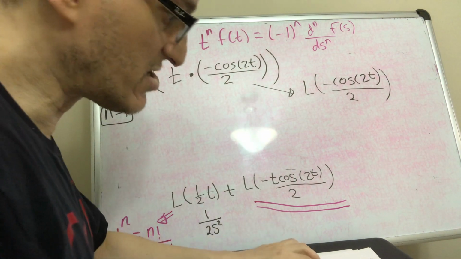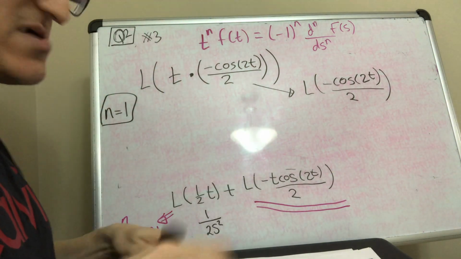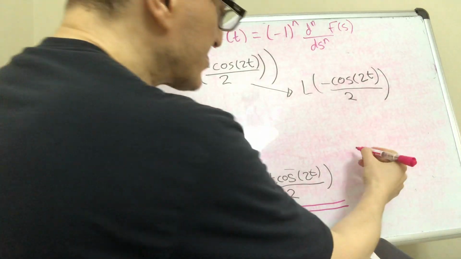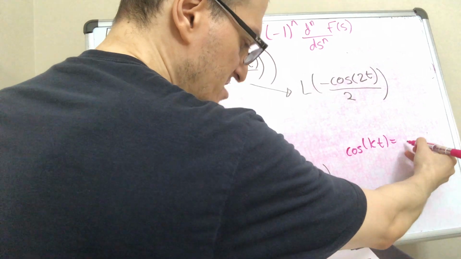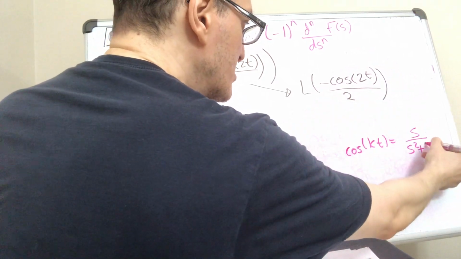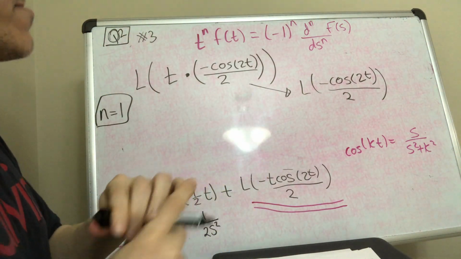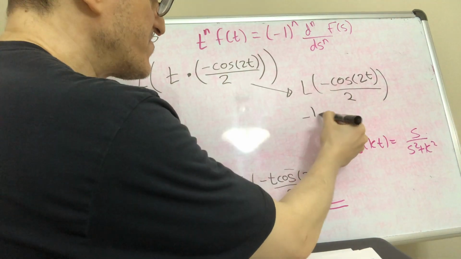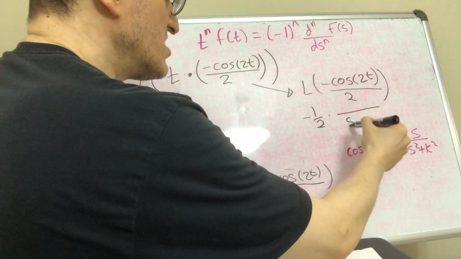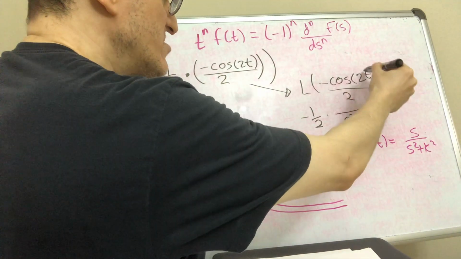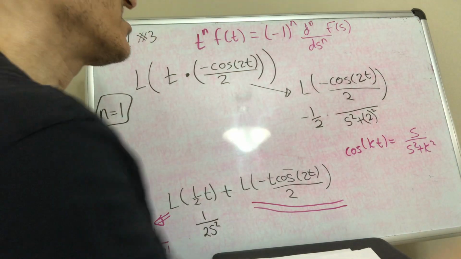And that would be rule number 5. The rule says when you have cosine of kt, it's s over s squared plus k squared. There is a constant minus half. And then in the bottom you go s squared plus k, which is 2, squared, over s.